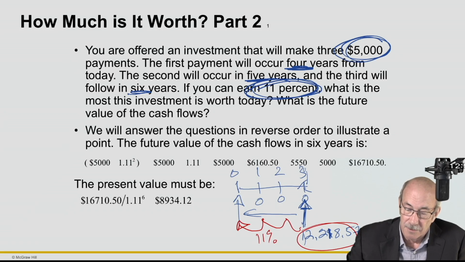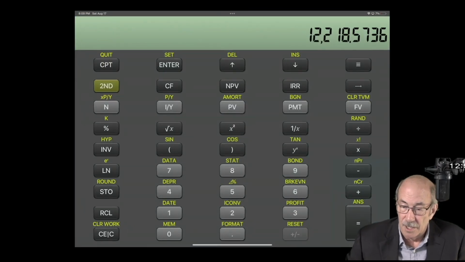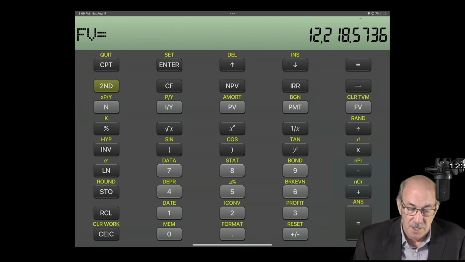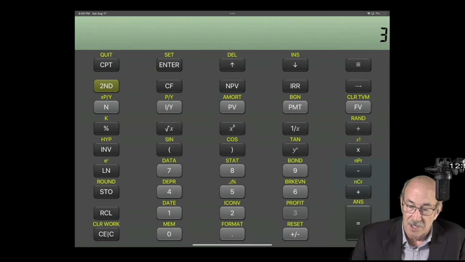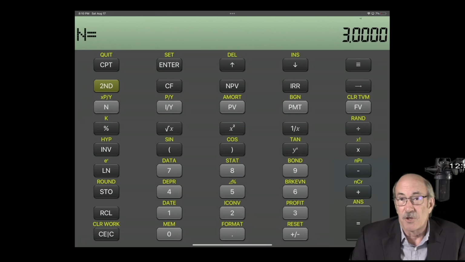So let's do that. I'm just going to change the sign of that back to a positive. I'm going to make that a future value. I'm going to zero out our payment, and then I'm going to leave in the 11% for I. And actually, in this case, we're moving back another 3 years. So N is 3.